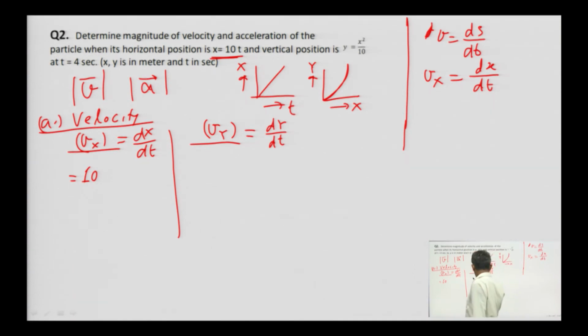And this one is d by dt of y. y is what? y is x square by 10.